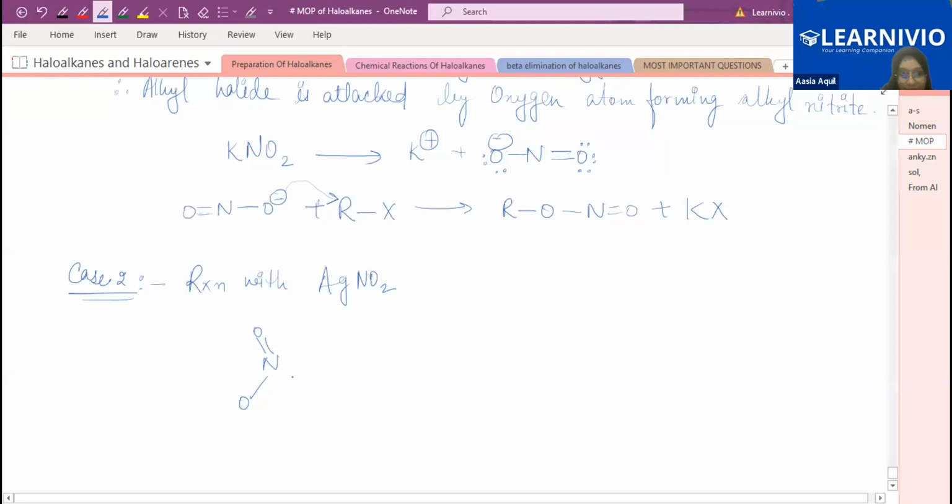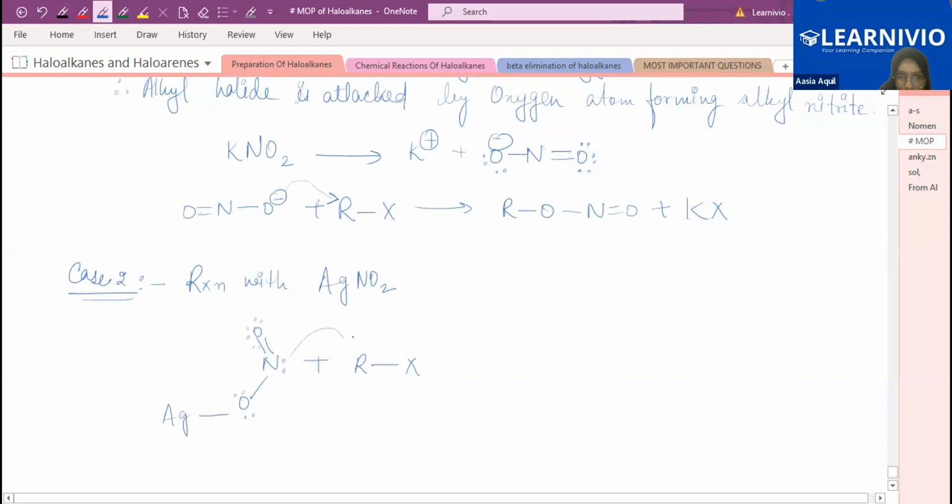Right? So what will be the reaction here? Suppose this is your AgONO. Right? And this is the structure of AgNO2, right? What happens when the alkyl halide comes? The attack is from the nitrogen side.